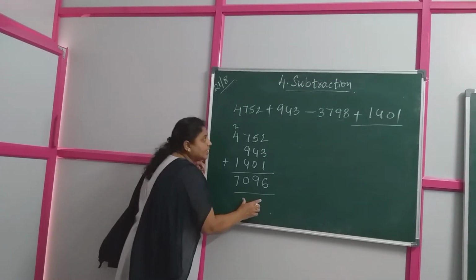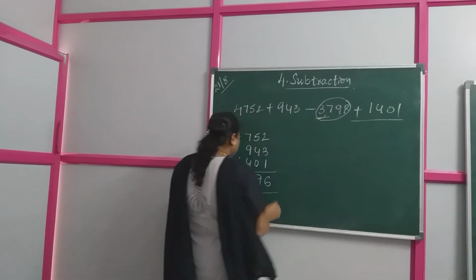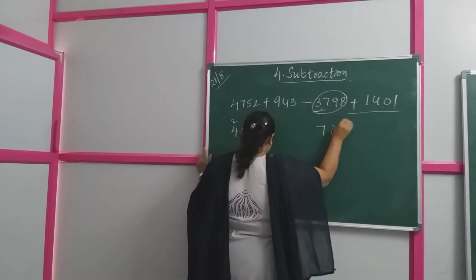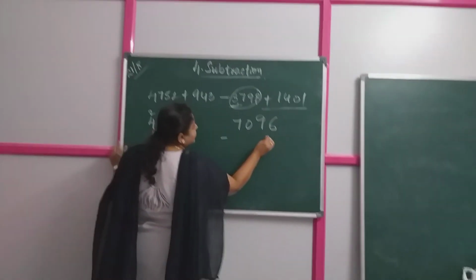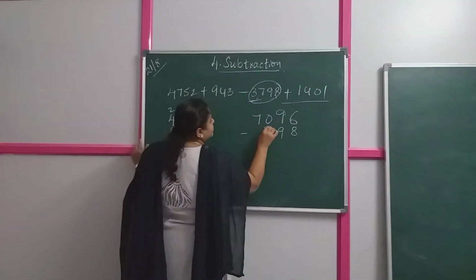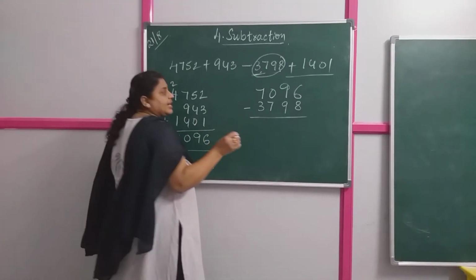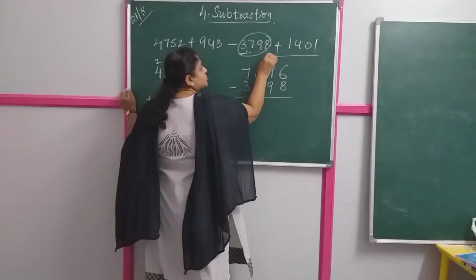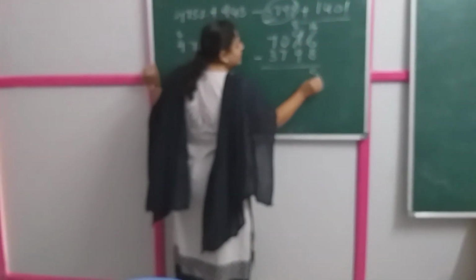From this number, we will subtract the leftover number. Come on, from 7096, subtract 3798. 8, 9, 7, 3. Now from 6, I can't take away 8. So 9 changes to 8. 6 changes to 16. 16 minus 8, 8.